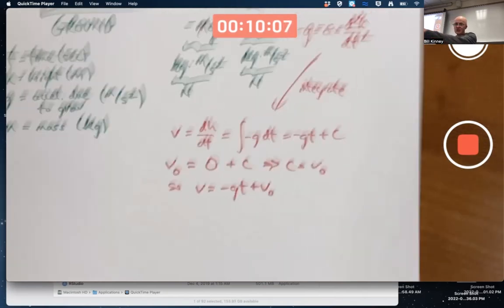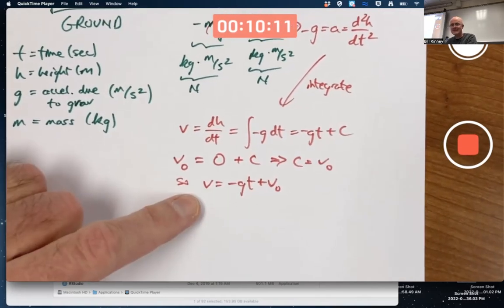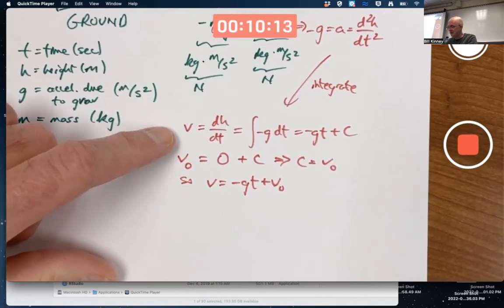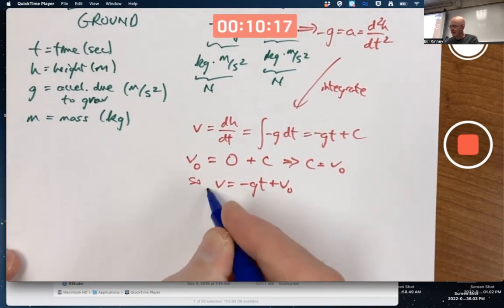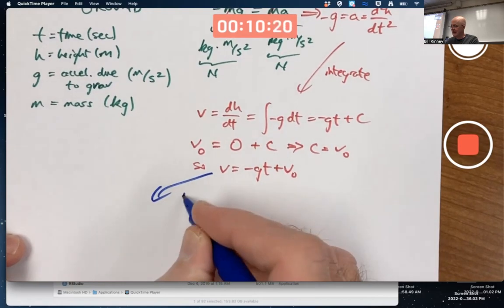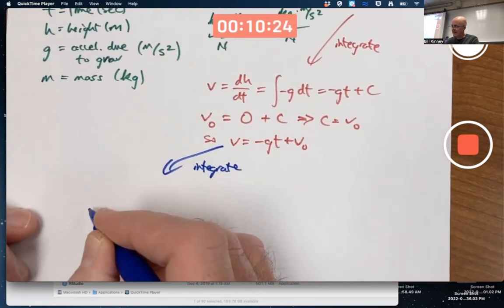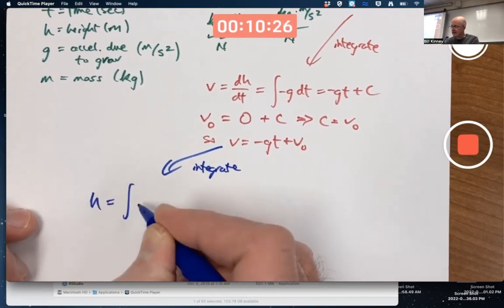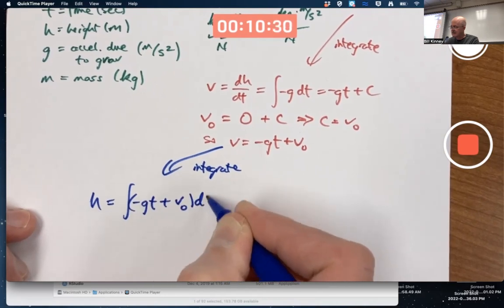But wait a minute, where's the h? Well, the velocity, the upward velocity, is the derivative of h with respect to t, so I have to integrate again if I want to find h, the height. Integrate that. h is going to be the integral of negative gt plus v naught dt.